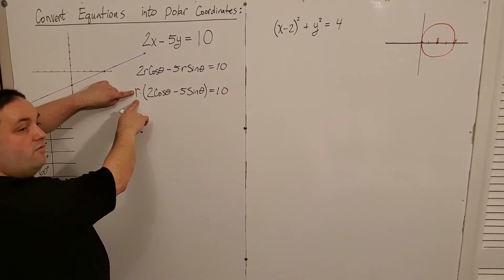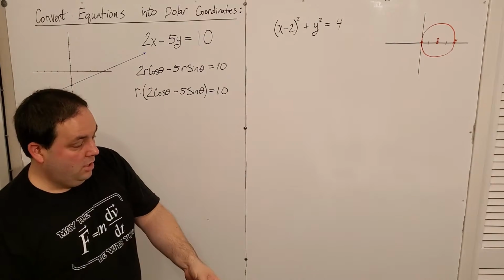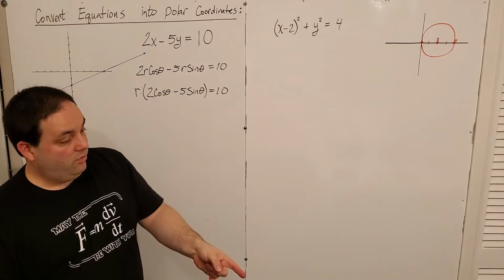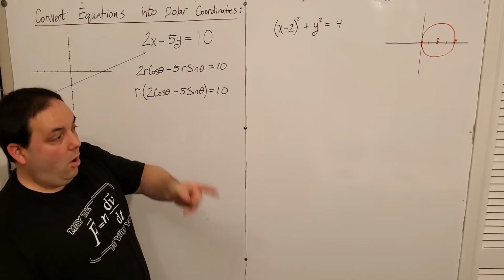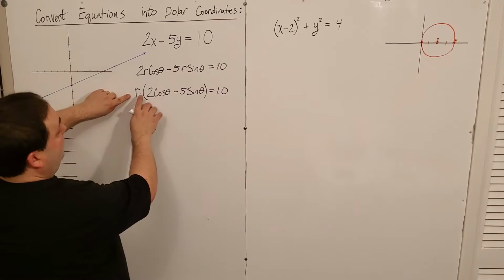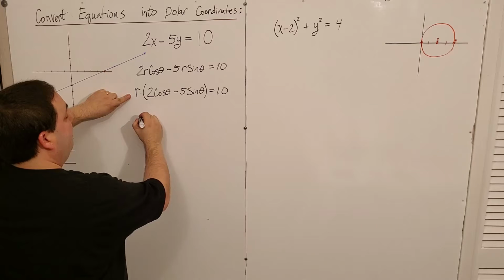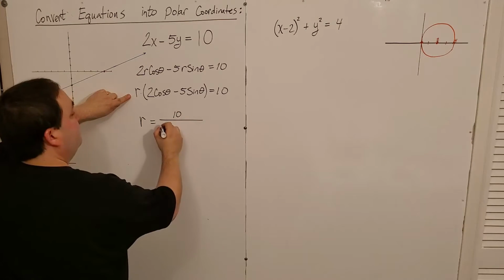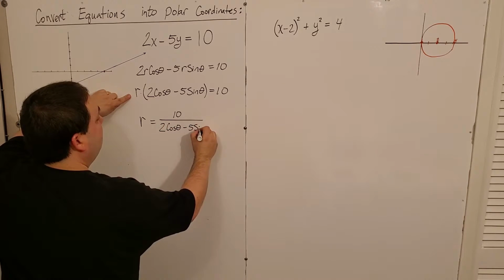We get the r variable isolated because the theta controls the direction. Remember, you always graph that first. Which way am I pointing? And then I go outward. So theta typically is the independent variable and r is the dependent. Okay, typically. Right here, all I got to do is divide this big value to the other side. So I have r is equal to 10 divided by 2 cosine theta minus 5 sine theta.